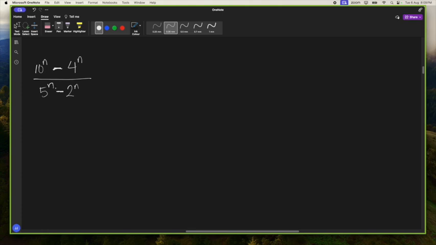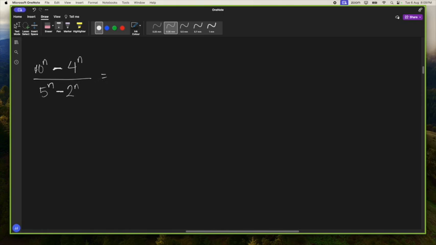I can't do that because of the minuses. But what do I realize? I realize that 4 is a number that could be expressed in terms of 2. I realize that 10 is a number that could be expressed in terms of 5.